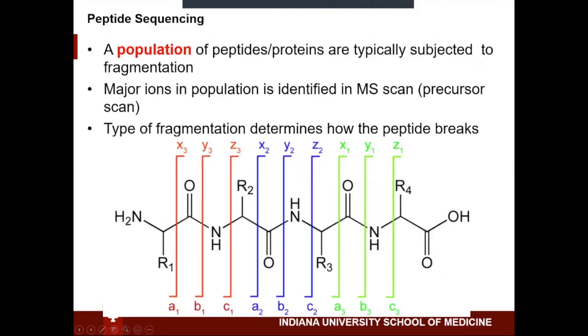And this is essentially peptide sequencing, where this population of peptides or proteins is subjected to fragmentation, but the mass spec knows what the major ions were in the first scan, and the type of fragmentation used determines what type of ions you're looking for in the fragmentation scan.